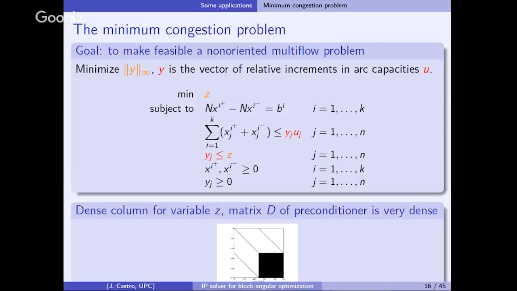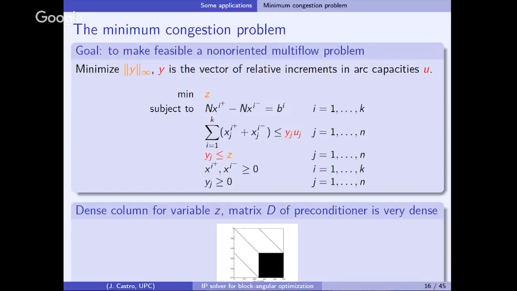Because this variable z appears in a lot of constraints. So you will have a dense column basically. That usually creates a lot of difficulties for interior-point methods. Dense columns are problematic because of this A times A transpose system of equations. So, for instance, our preconditioner will be something like that. We'll have a dense window in the preconditioner.